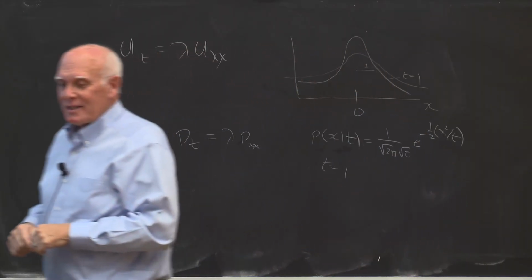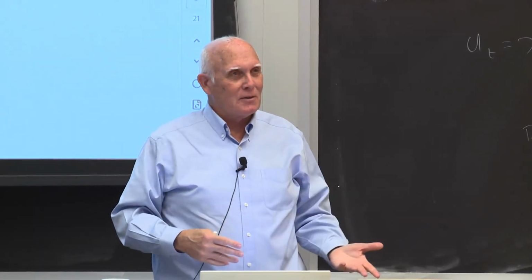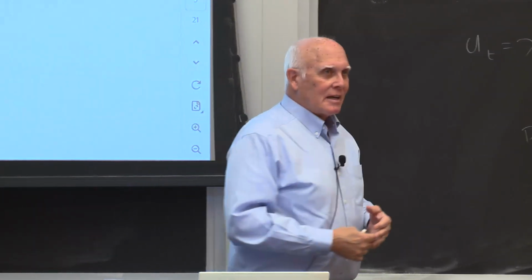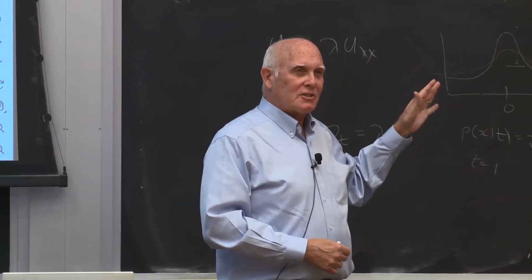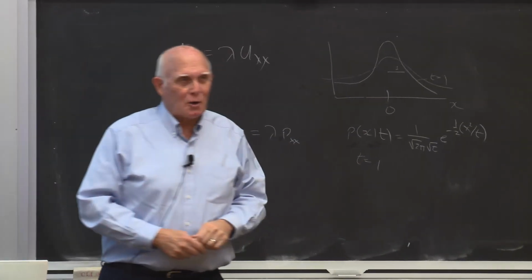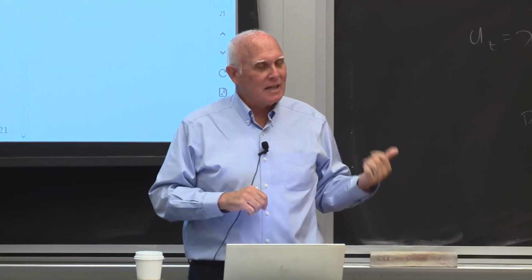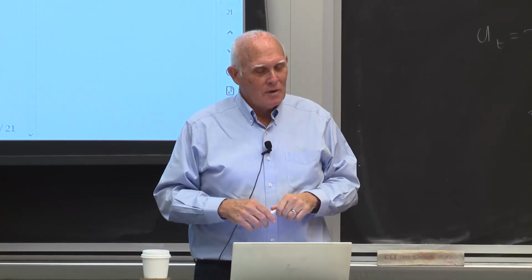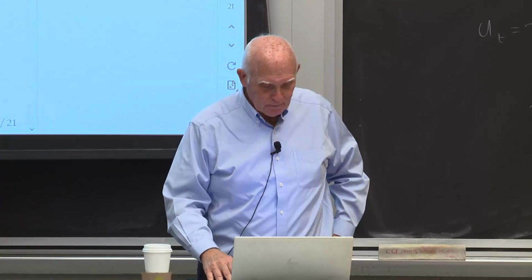And what we're going to see is that functions that follow the heat equation can actually be represented as linear combinations of these Gaussian densities. So the special case of the Gaussian density is, in a sense, very general in terms of defining solutions to the heat equation.